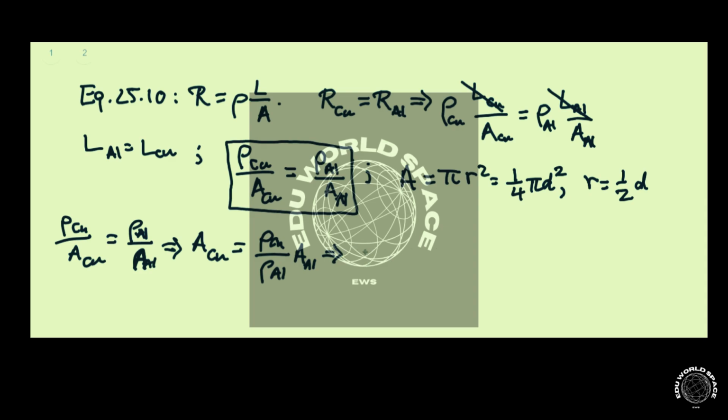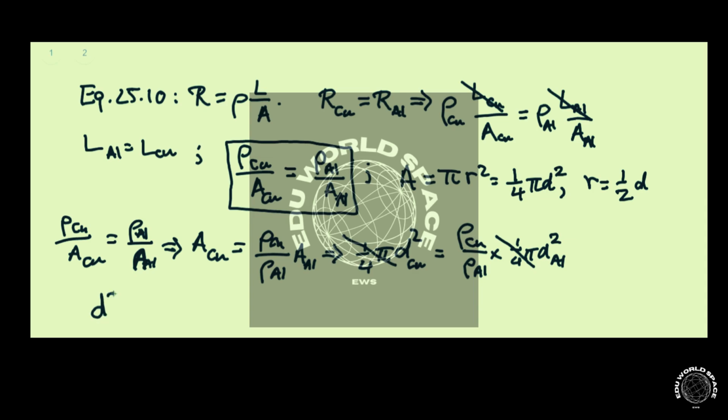So we have 1/4 pi d squared for copper, which is equal to the resistivity of copper over the resistivity of aluminum times 1/4 pi d squared of aluminum. Now, this factor is common to both sides, so we can immediately cancel them out.